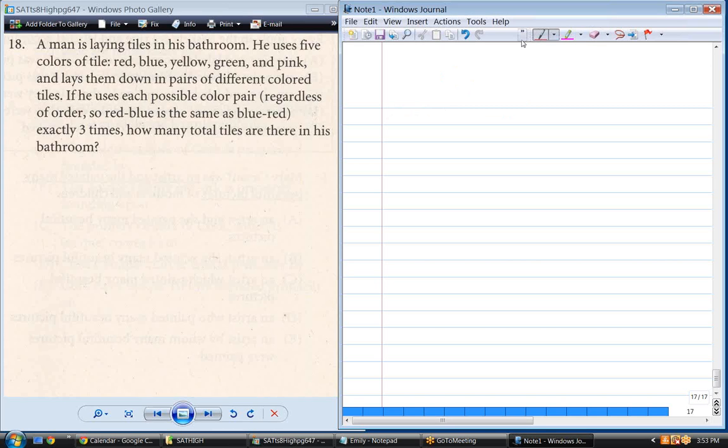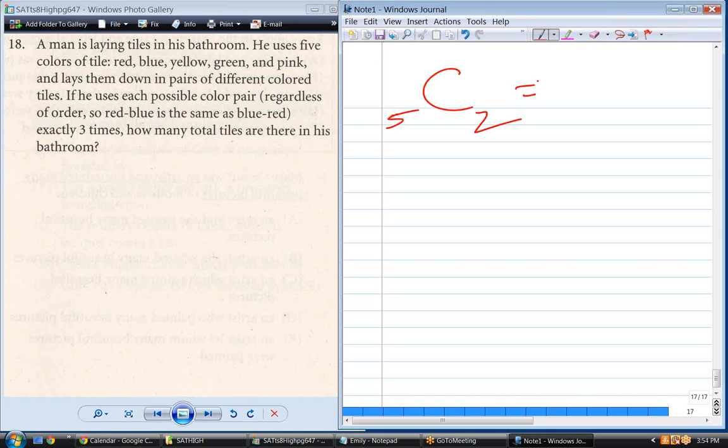He lays them down in pairs of different colored tiles. He uses each possible color pair. Red blue is the same as blue red. That means it's a combination problem, not a permutation problem. So I was correct. We have 5 kinds of tiles that we can take 2 at a time.